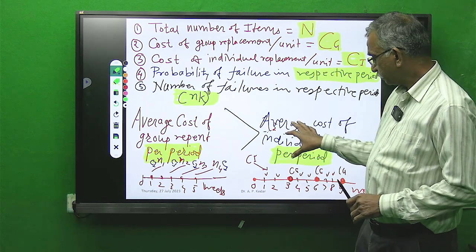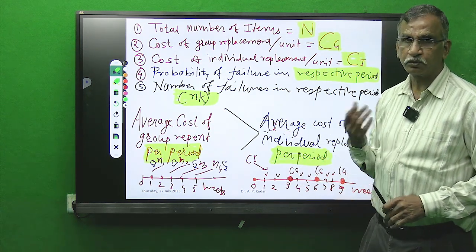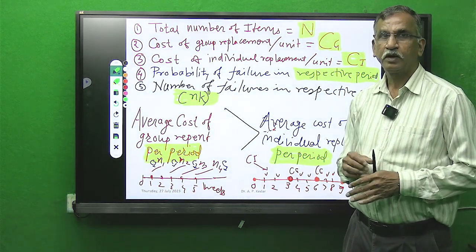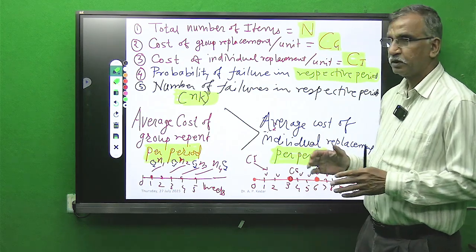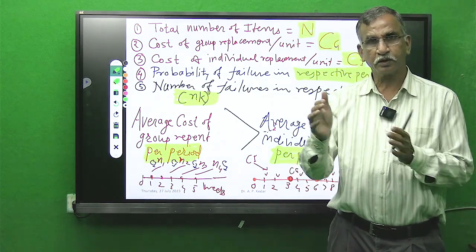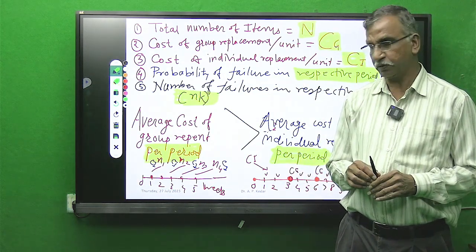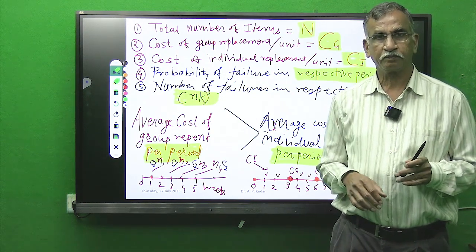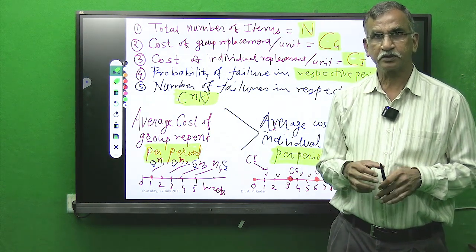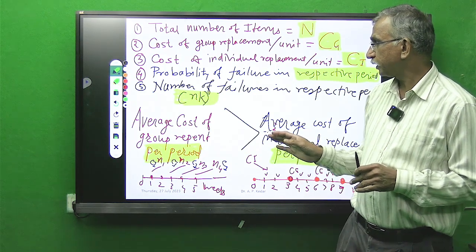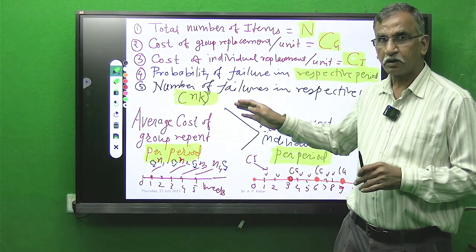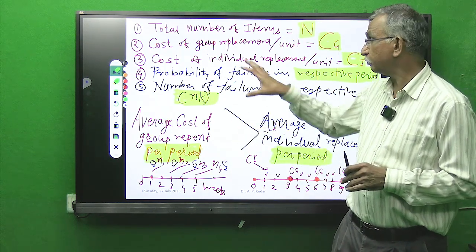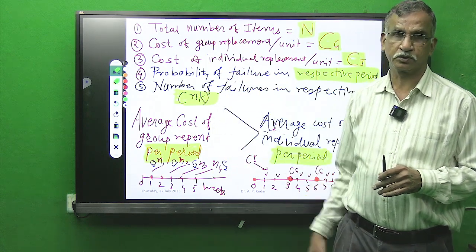Now here, for finding the average cost, we need to find the average life. Average life is very simple. It is the summation of year into probability of failure. So we'll stop today's lecture at this point, and in the next lecture we'll take problems where we will apply all this logic.